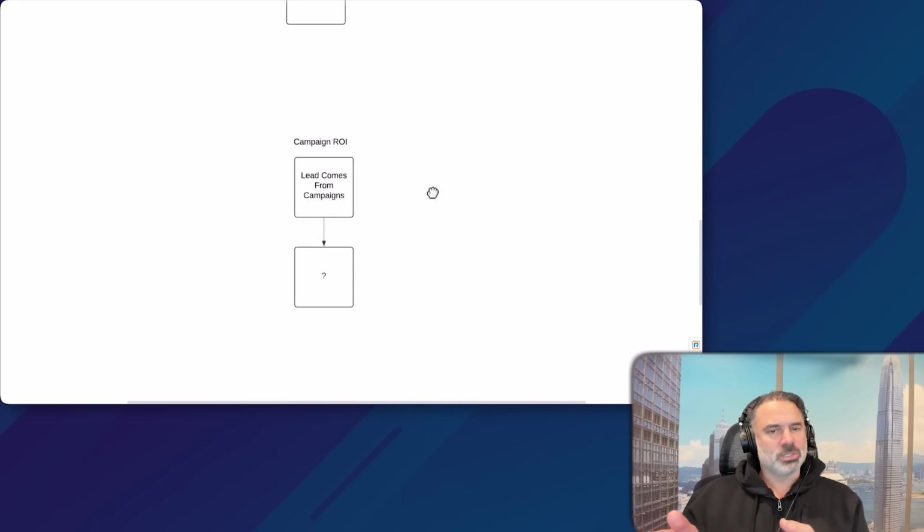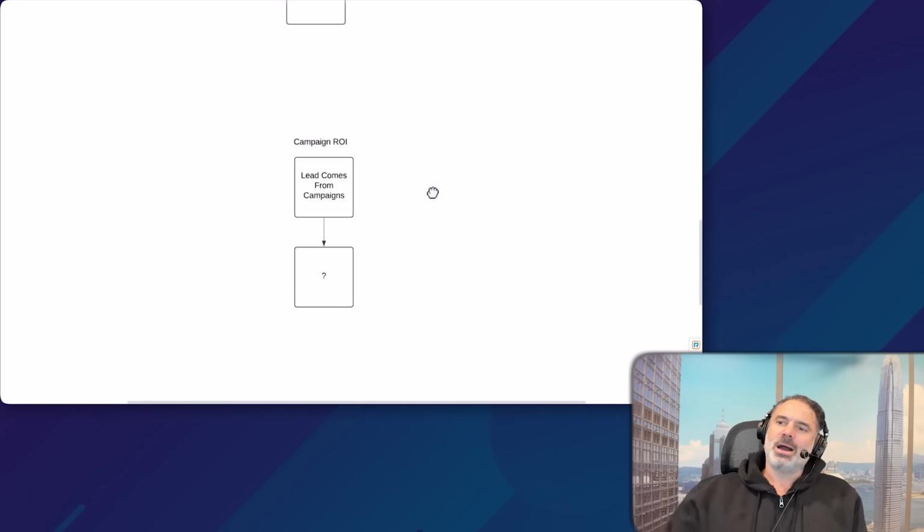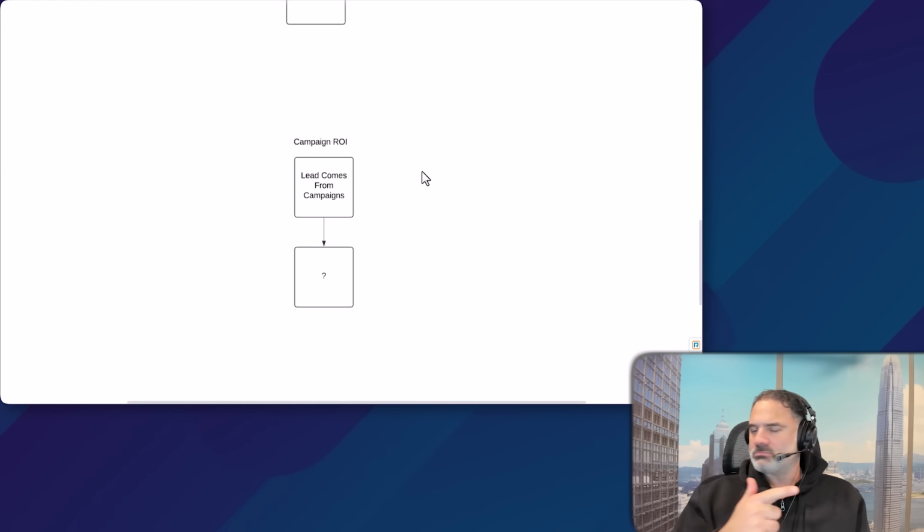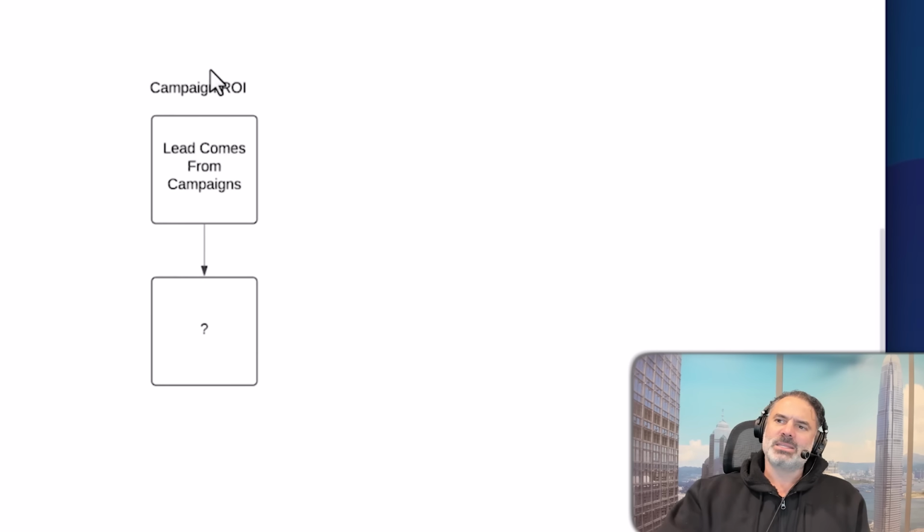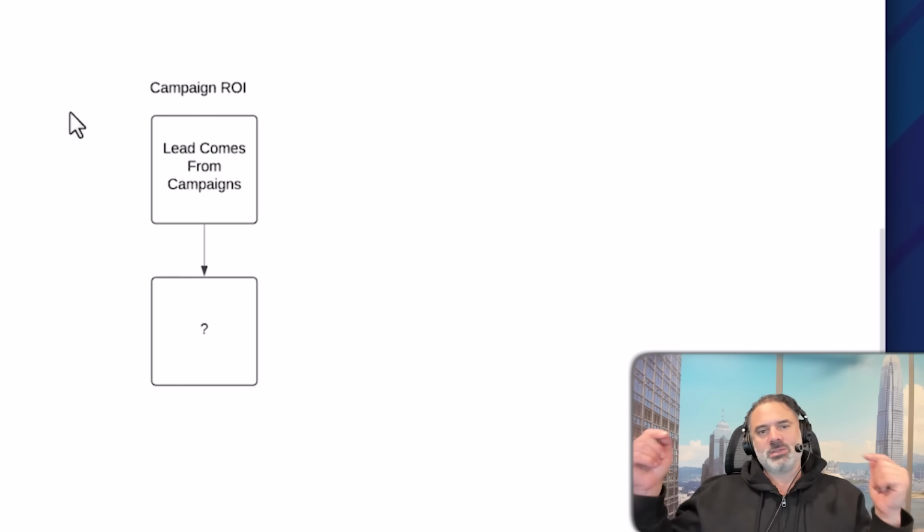All the other nonsense about time on page, leads, blah, blah, it's all nonsense. I don't even want to look at those numbers. I don't care. I want to see money going out of my account, money coming back to my account. That's it. In that case, we have a process that we developed, and whenever leads are coming from any campaign, not only Facebook, it can be trade shows, can be referrals, anything, those leads are coming into the system.